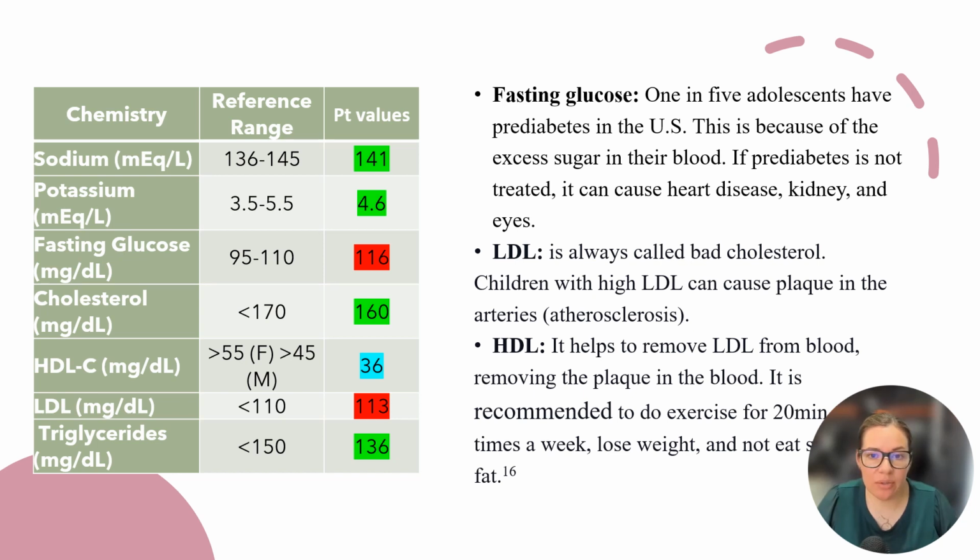Fasting glucose: 1 in 5 adolescents have prediabetes in the US, and this is because of the excess of sugar in the blood. If prediabetes is not treated, it can cause heart disease, kidney problems, and problems with your sight. She needs to be careful with her glucose. She's taking a lot of sodas, cookies, and a lot of carbs, as I mentioned before.